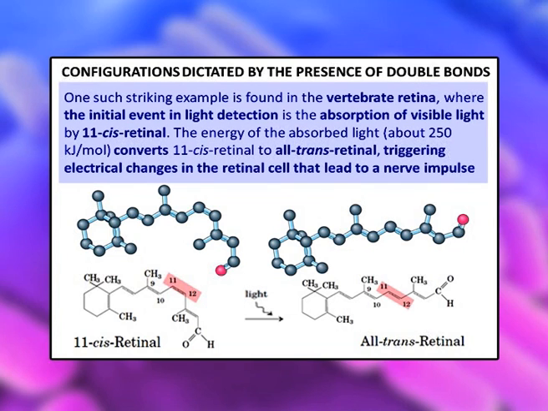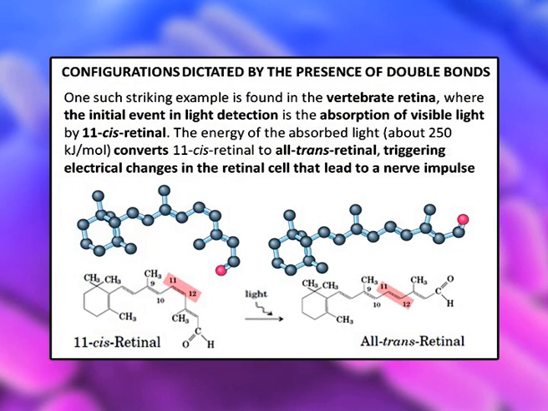The energy absorbed from the light, about 250 kilojoules per mole, converts 11-cis retinal to all-trans retinal, triggering the electrical changes in the retinal cell that lead to nerve impulses. So, this is the structure of 11-cis retinal, and after absorbing the light, it is converted to all-trans retinal, and this triggers the electrical impulse.